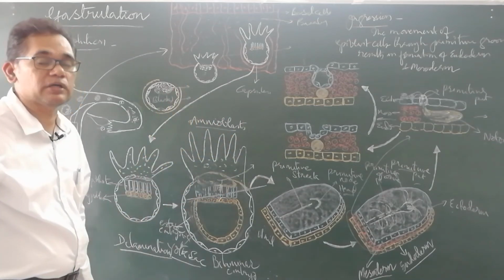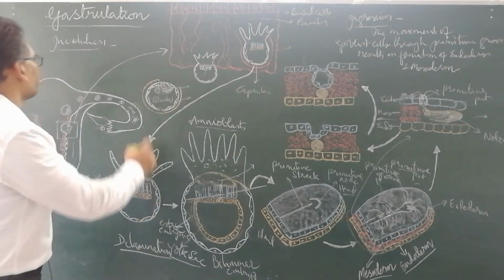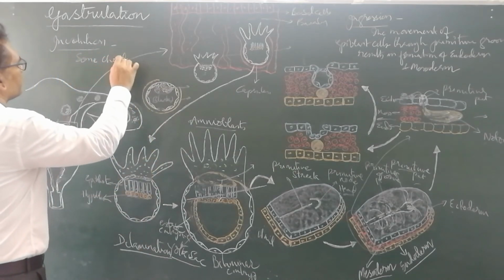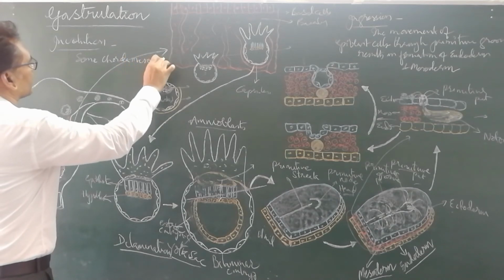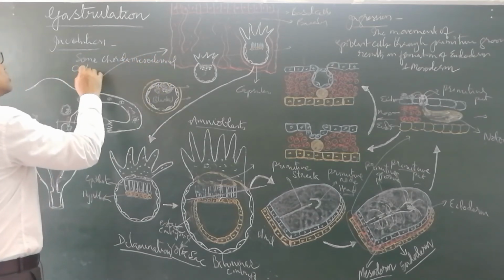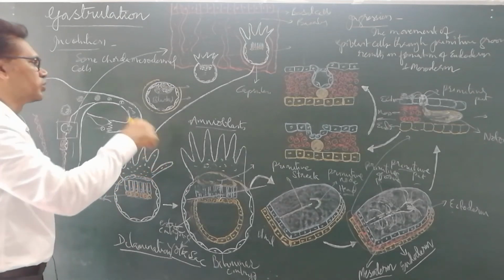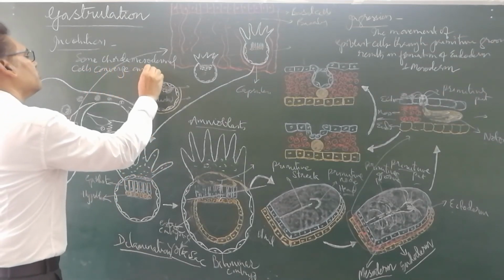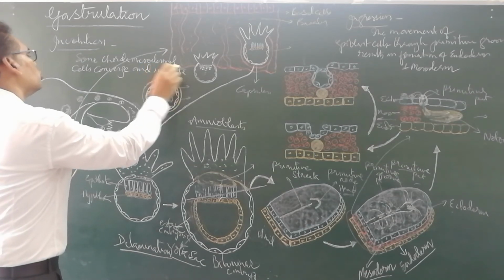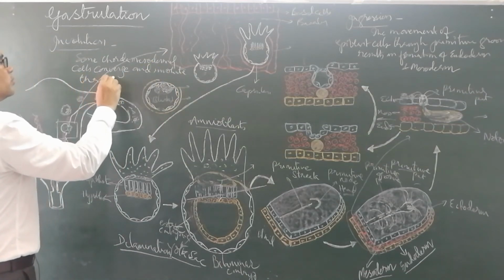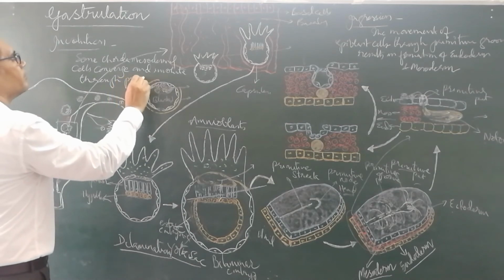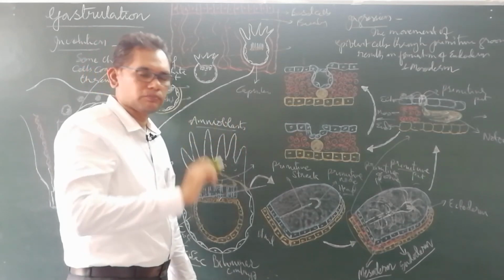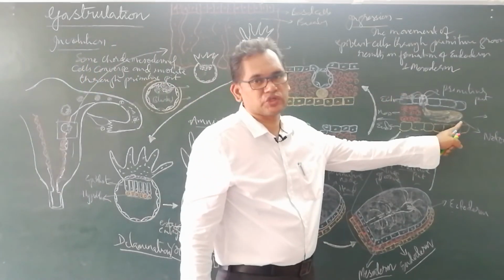This is called involution. Some cardio-mesodermal cells converge and involute through the primitive pit and move forward. This is called involution.